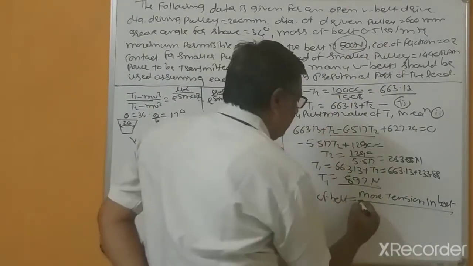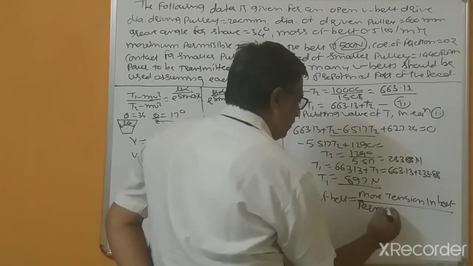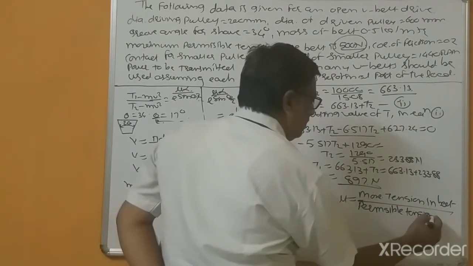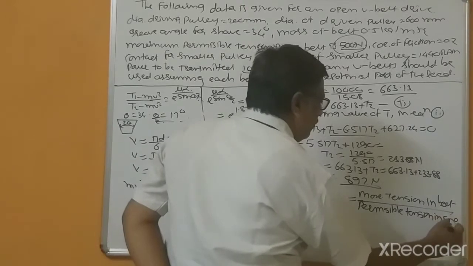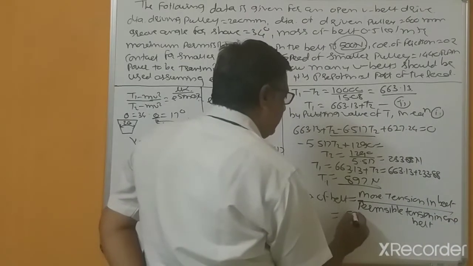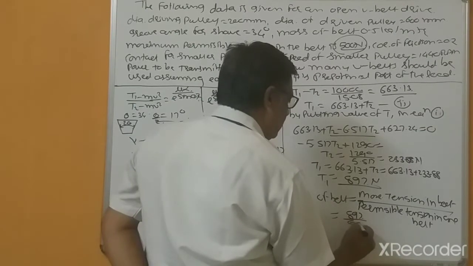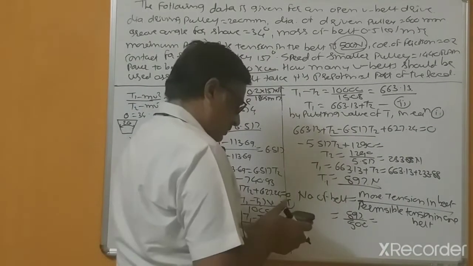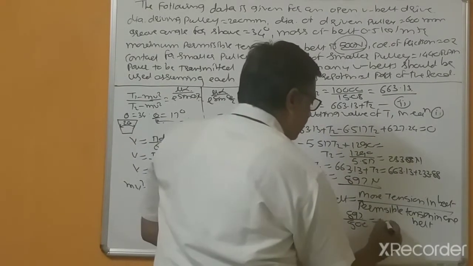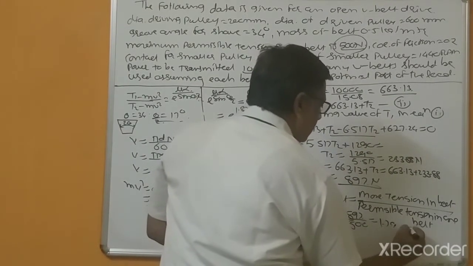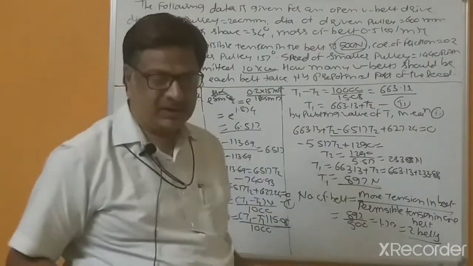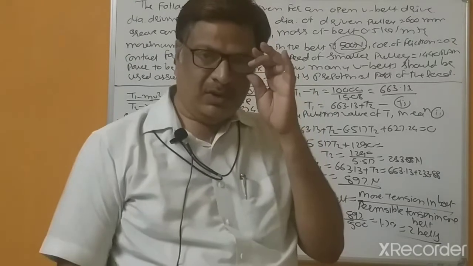So 897 divided by 500 equals 1.79. So we require a minimum of 2 belts.